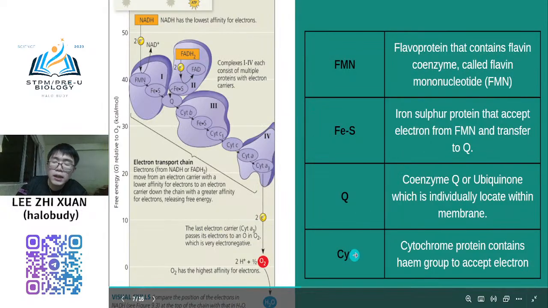And then what is CYT? You see here there are many CYT. CYT is what we call cytochrome protein. It is also one type of protein that contains a heme group to accept electron.